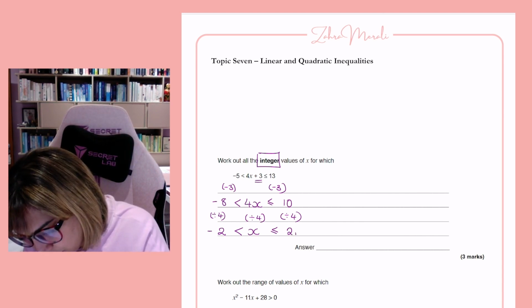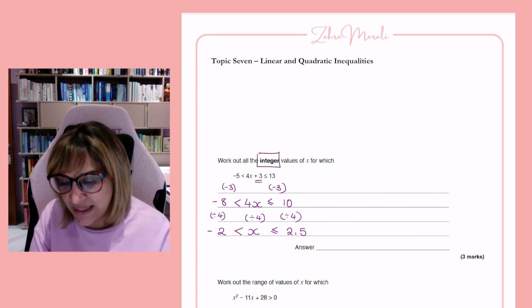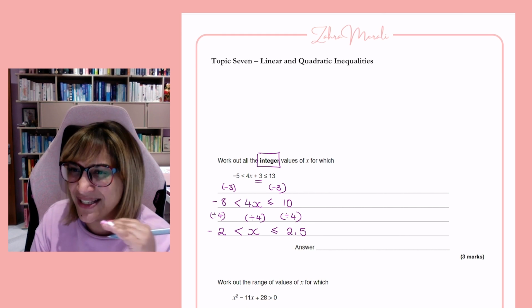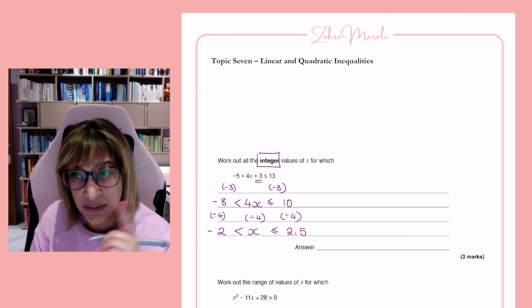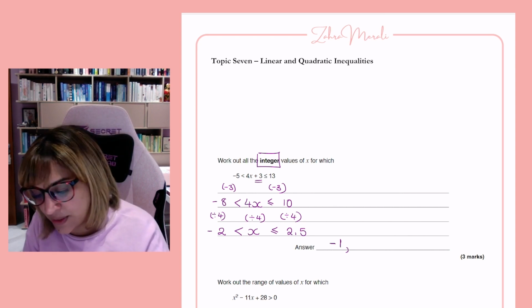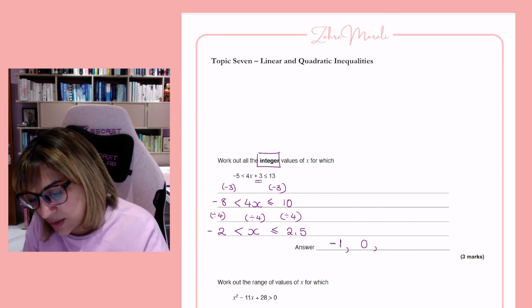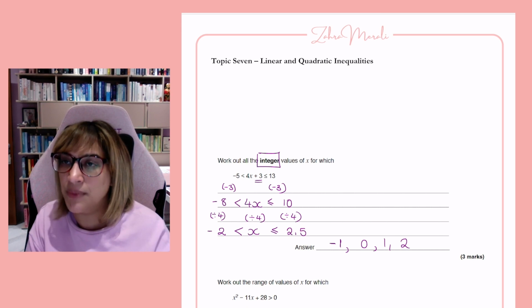And now we want to list all our integer values. So we know x is greater than minus 2, but not equal to, because it doesn't have the equal sign. So it's not going to be minus 2, it's going to be minus 1. Next one up, 0 is an integer, 1, 2, and I can't go any further. So those are all my integer values.